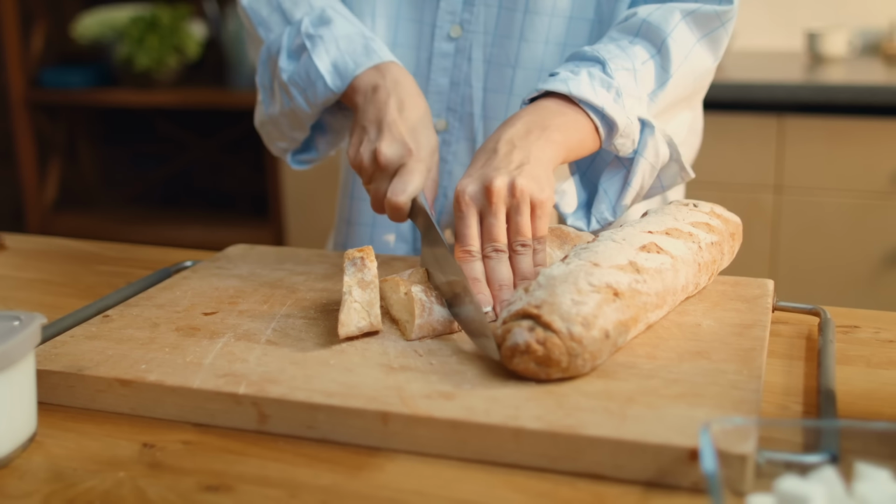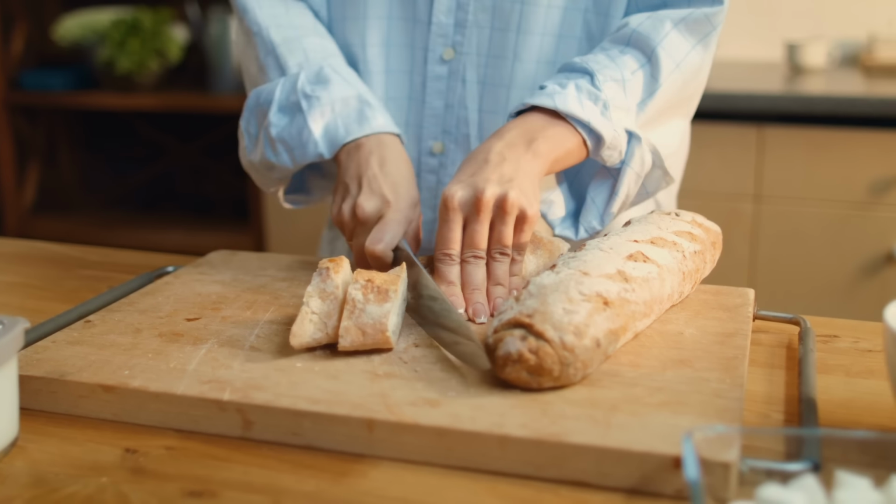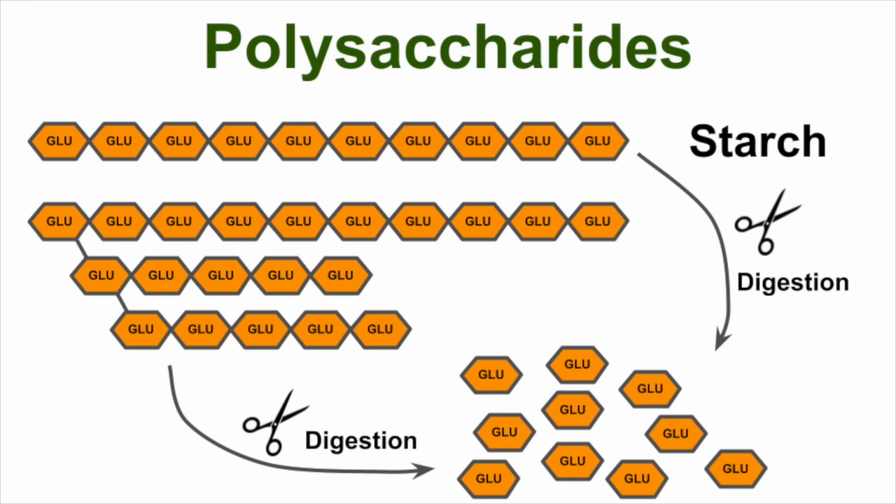Starch is a very common one in our diet because we find it in potatoes, starchy vegetables, and all types of grains, such as wheat, rice, or corn. In starch, the glucose molecules are connected in such a way that human digestive enzymes can cut the ties, meaning that if we eat wheat or rice or potatoes, the starch gets broken down into single glucose molecules in our GI tract, and then we can absorb these into the bloodstream.